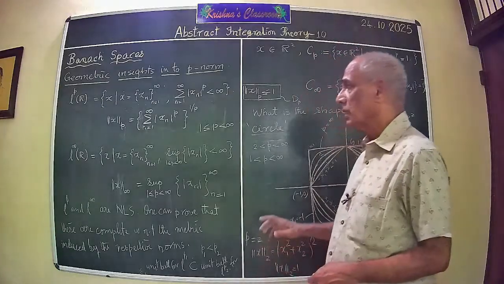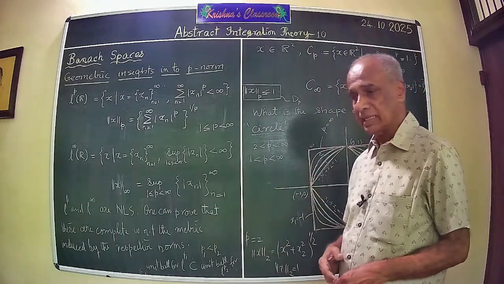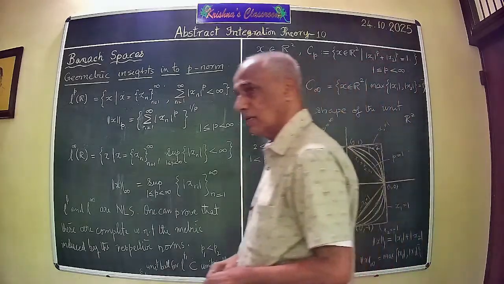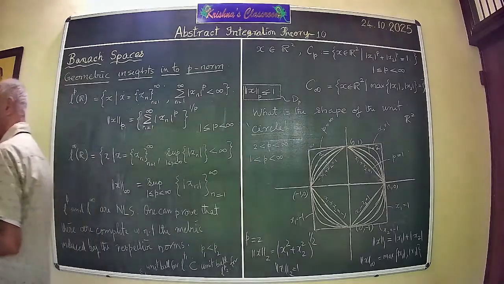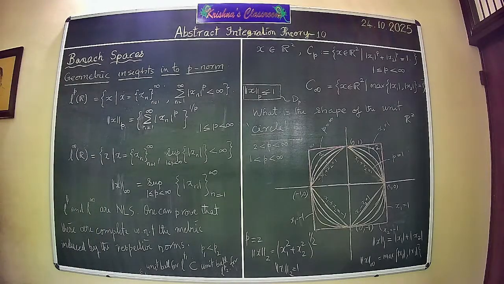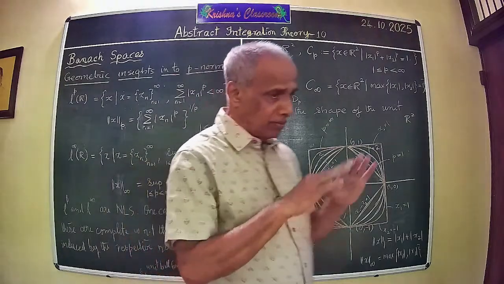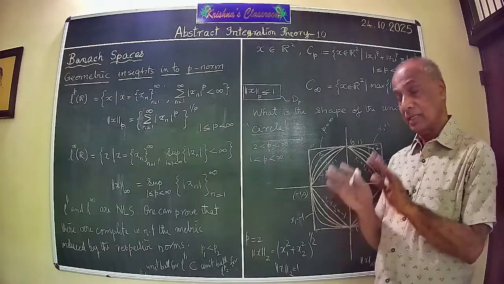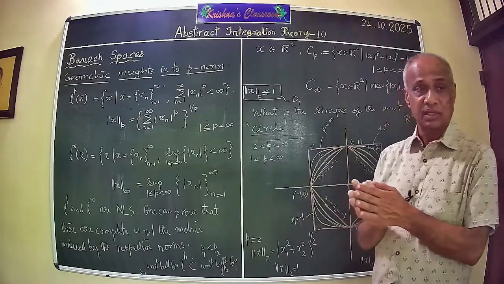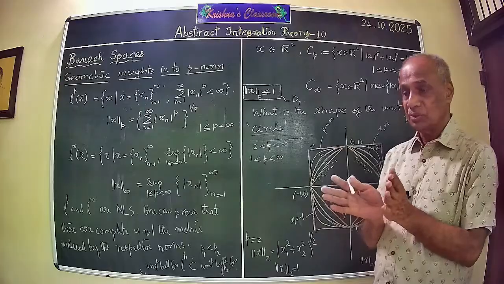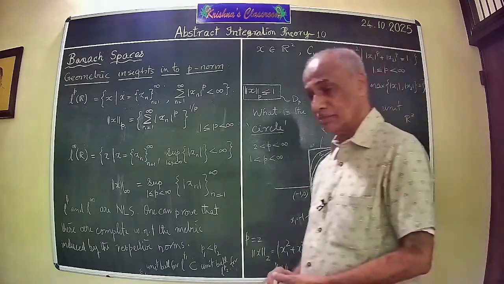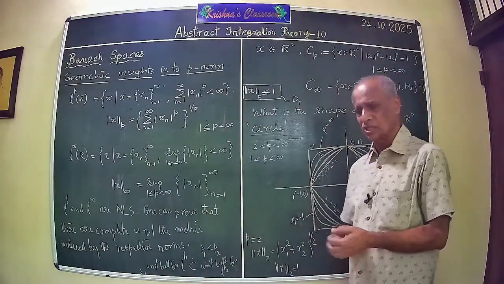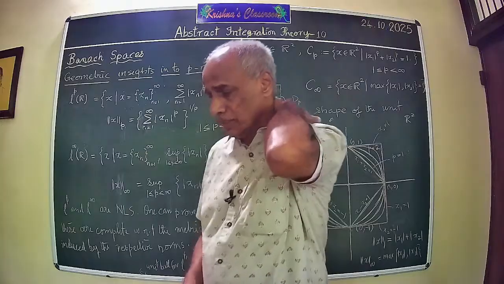I would carry on with it in the next lecture and define what is a norm, what is a bounded linear map, and then how you form a linear space out of bounded linear maps, and then how do you give a natural norm with a norm. Okay, I think this is a short lecture that we can conclude. Thank you very much.